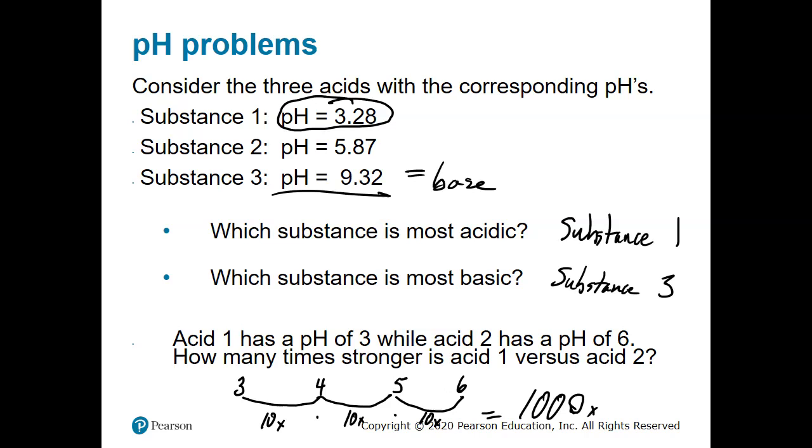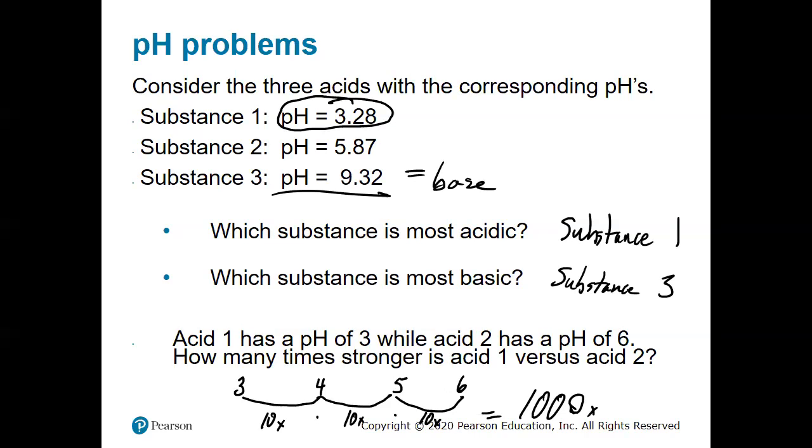And if you think about it logically, it makes sense that way. If 3 is 10 times better than 4, and 4 is 10 times better than 5, we wouldn't add those together to make the leap from 3 to 5.